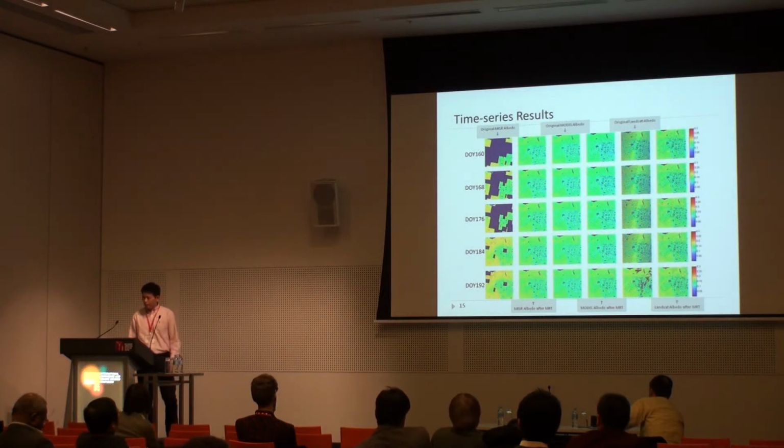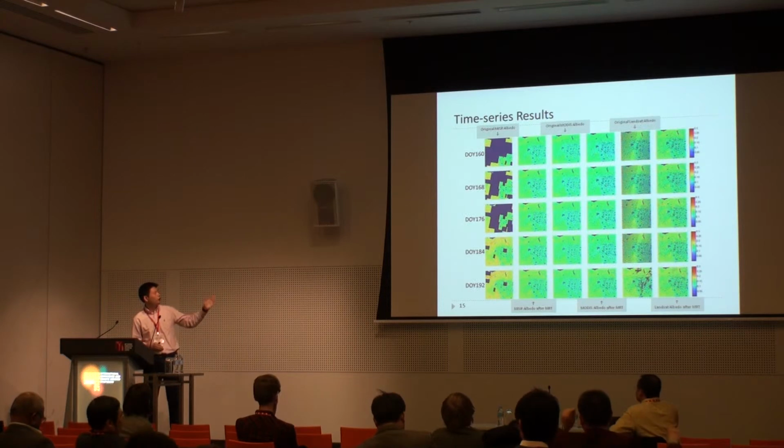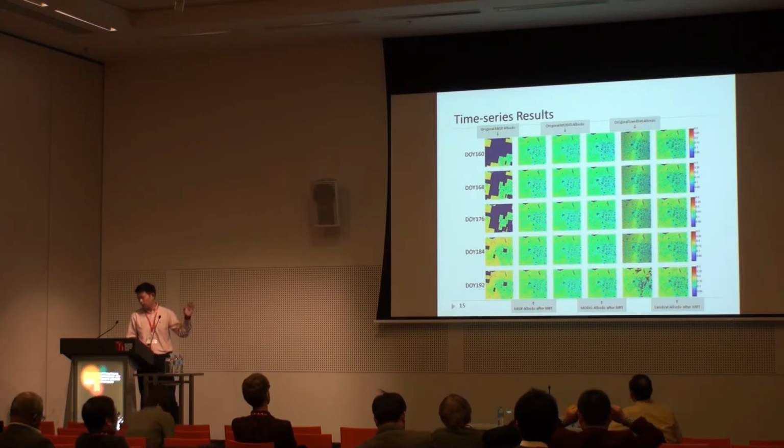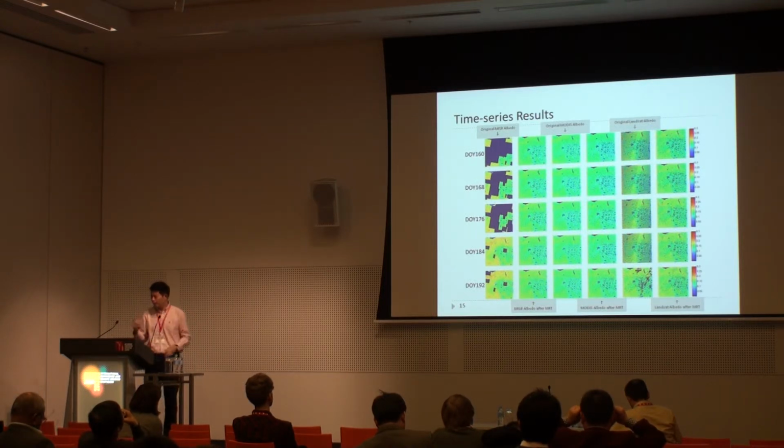This is an example of using the MRT in the time series. We can see that in the first, third, and fifth columns, they are the original data products from MISR, MODIS, and Landsat. We can see a lot of gaps, especially from MISR, even though we use a temporal composite to get a MISR albedo.